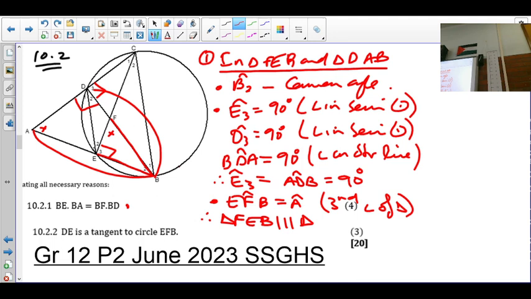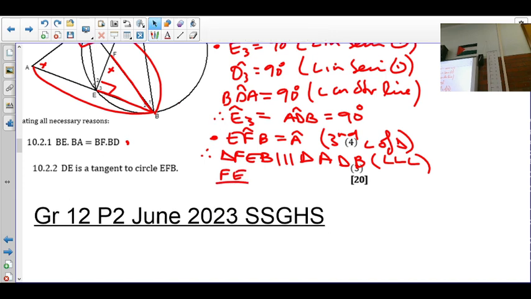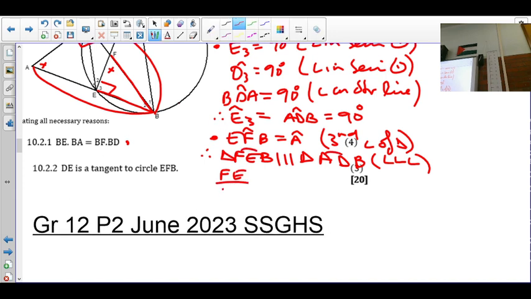So therefore, triangle FEB is similar to triangle ADB. So F corresponds with A, E corresponds with D, and B corresponds with B, of course. Why? Angle, angle, angle. So from this we can now conclude that FE over AD is equal to EB over DB equals FB over AB.